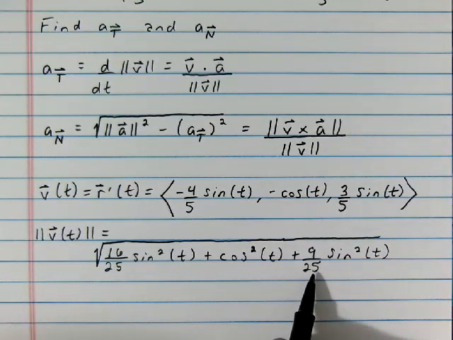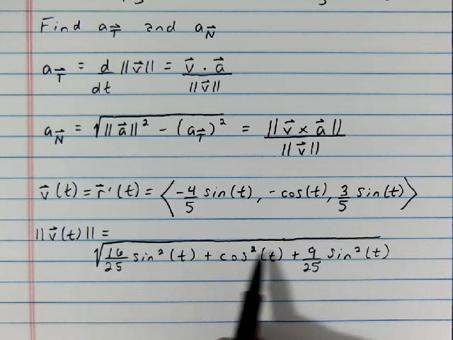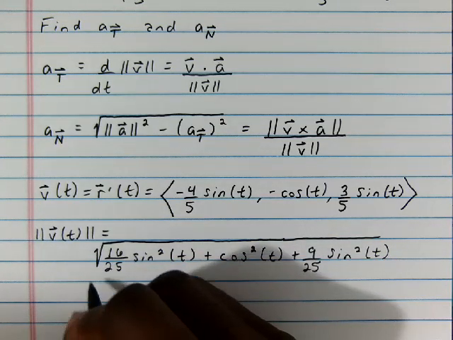This is going to sum to 1 sine squared t. So this is sine squared t plus cosine squared t underneath the square root, which is just 1. So it's the square root of 1. So we just get this equals 1.